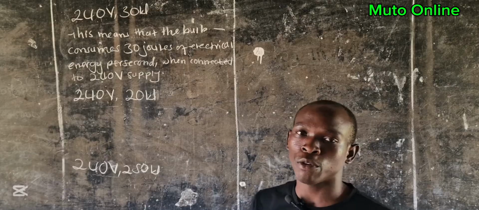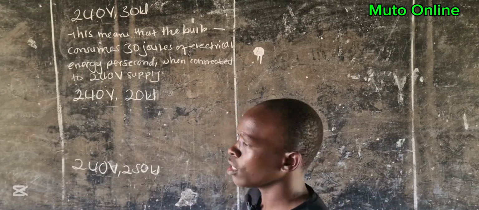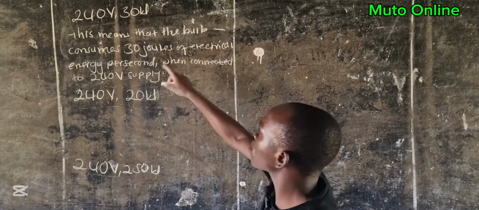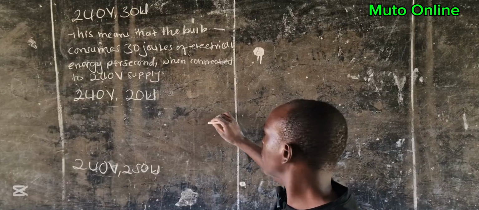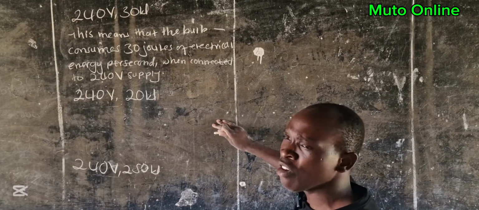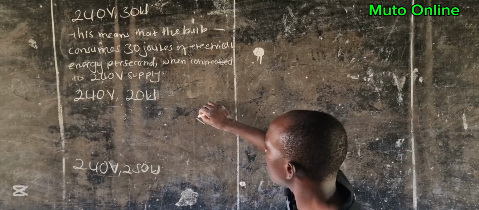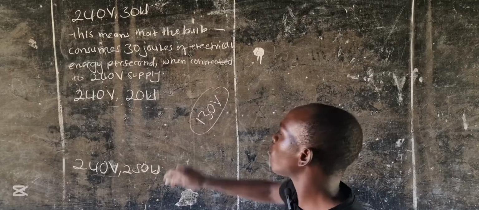Now again, in the scenario, they are telling us that the bulbs of all these parents are neighbors. But from your inspection, they told you that in your area, they have a main supply of 130 volts.